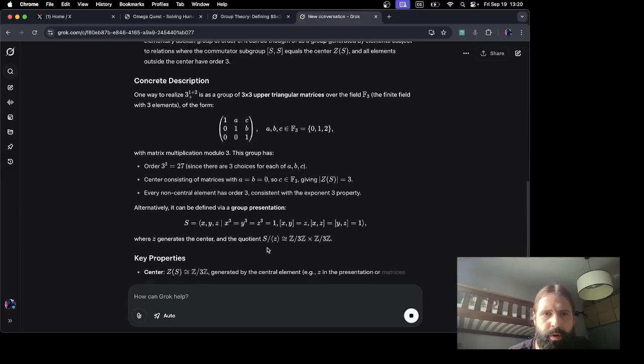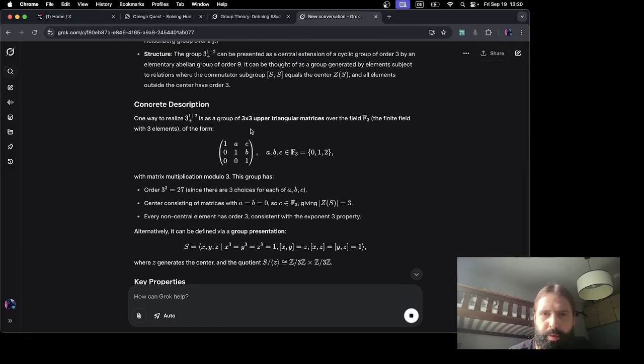Concrete description. So one way to realize this is a group of 3 by 3 upper triangular matrices over the field F3 with matrix multiplication modulo 3. This group has 27 elements. Essentially, a group presentation is essentially, yeah.